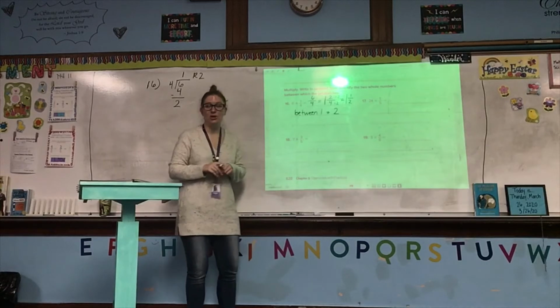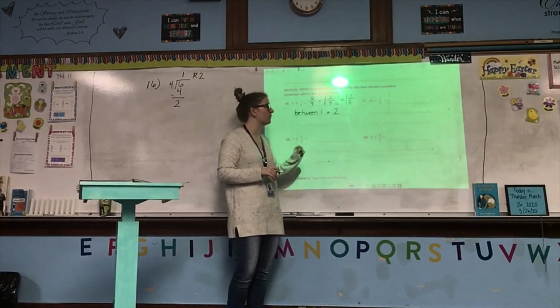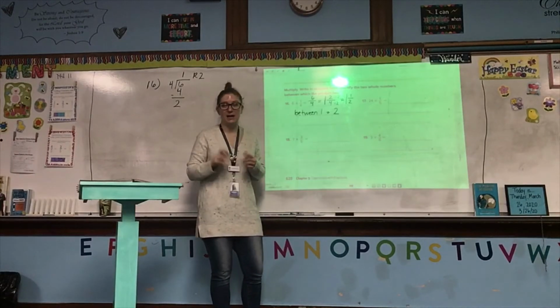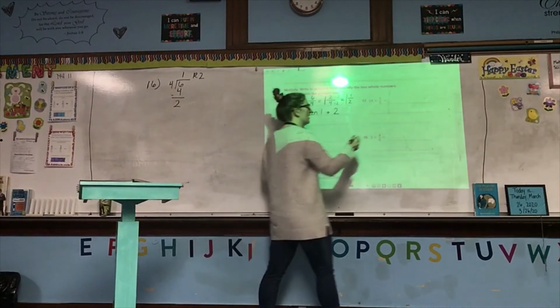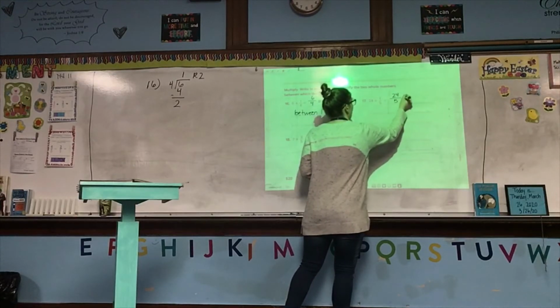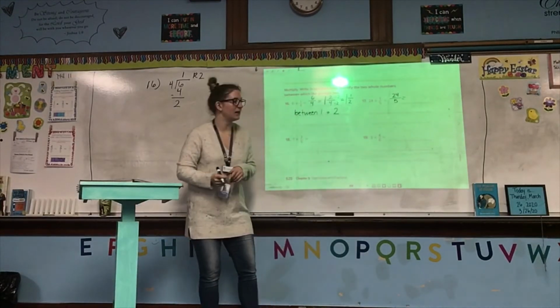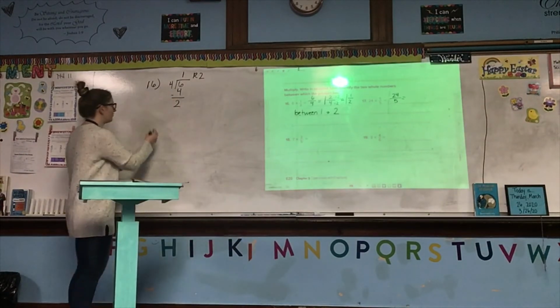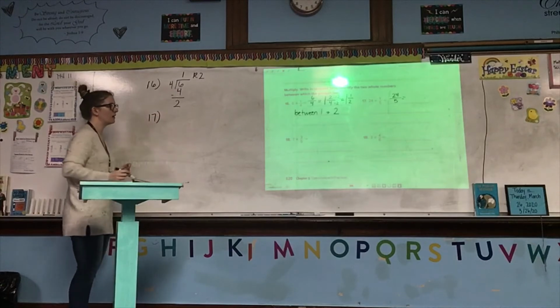Number 17, we're going to do the same thing. We're going to multiply, we have 24 times 1/5. So we're going to start by multiplying our whole number by our numerator. 24 times 1 is 24. And our denominator stays the same. We can't leave it like that because that's an improper fraction. So let's go over to our separate sheet of paper and show our division.